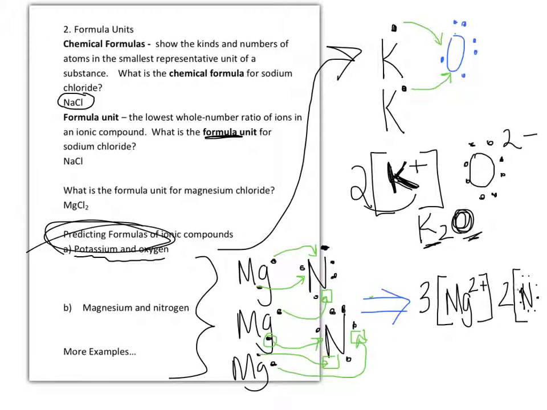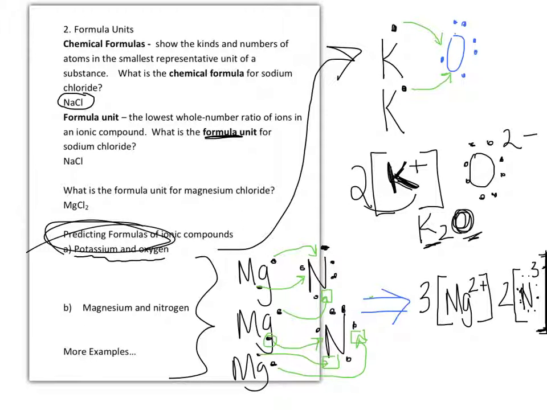And since each of them gained 3, each of those nitrogen is 3 minus. Okay, and that goes within the bracket. Okay, so sorry, I'm running out of room there, but you can see.